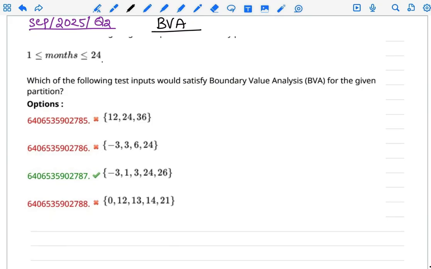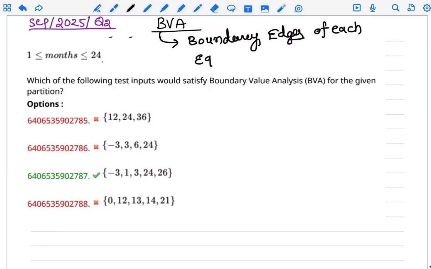It tests the values around the edges, that is the boundary edges of each equivalence class. In general, BVA has 5 standard values, friends.